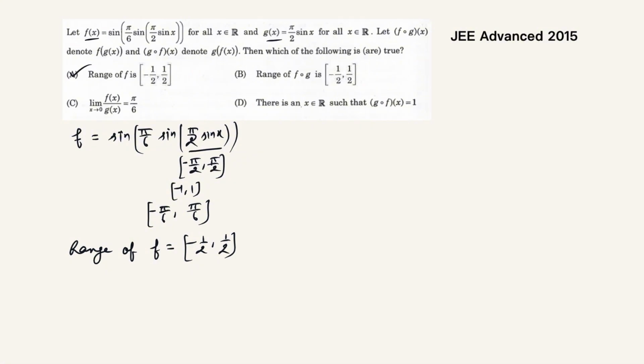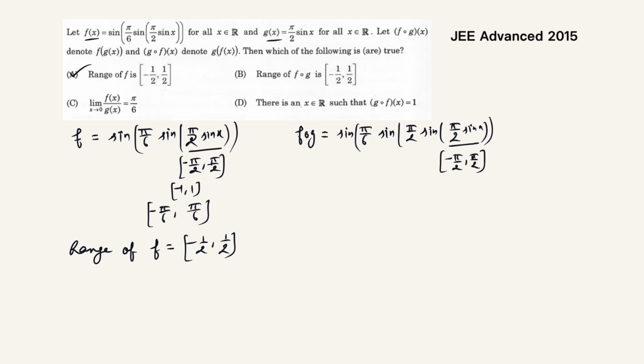Now we have to find range of f of g. So first let's write f of g. So f of g is sine of pi by 6 sine of pi by 2 sine, and then gx, which is pi by 2 sine x. And we can see that this term is between minus pi by 2 to pi by 2.